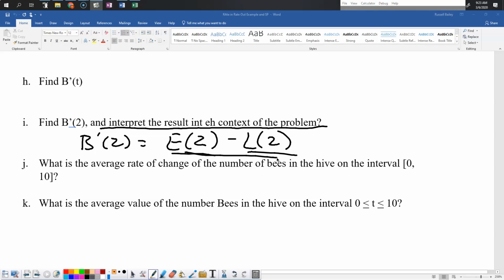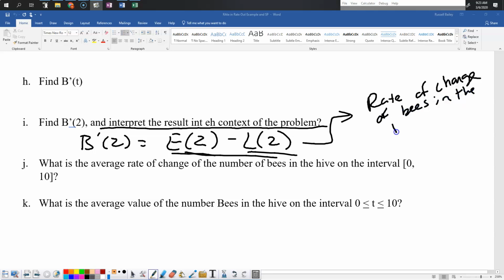The rate of change of the number of bees in the hive at 9 a.m. There we go. So this is the rate of change of bees in the hive at 9 a.m.